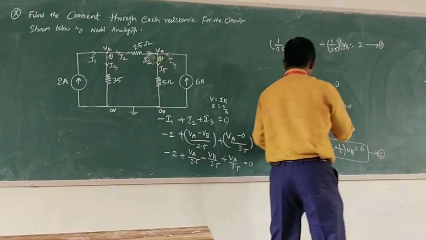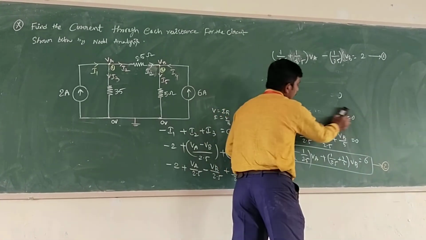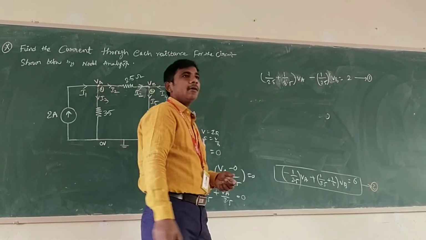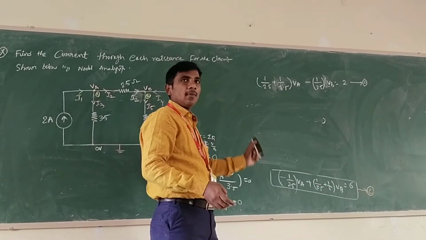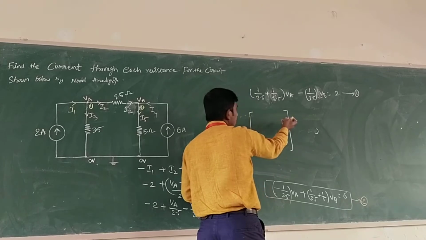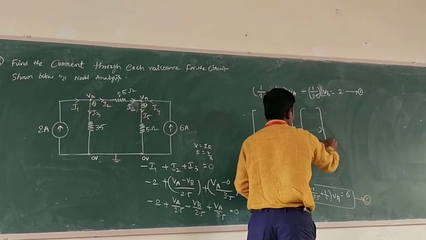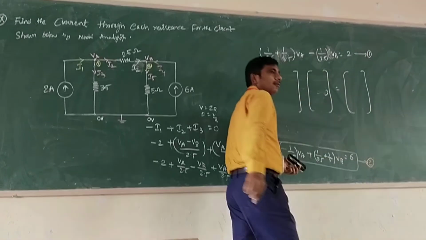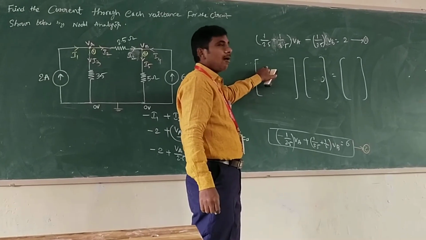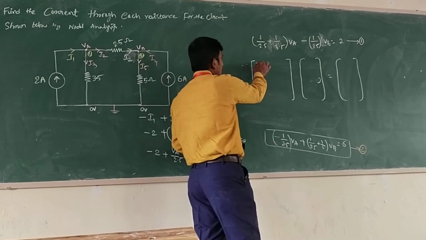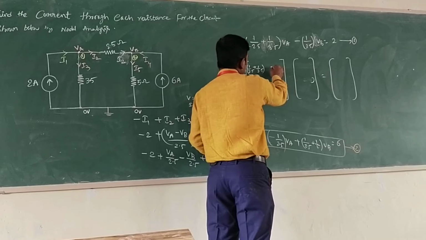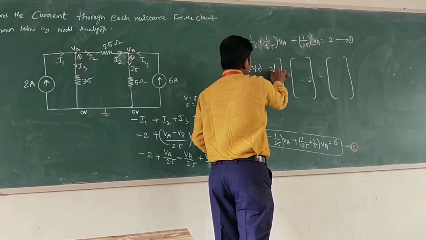I am erasing this. The equations are this one and this one, equations 1 and 2. Now we are writing the matrix of the coefficients of VA and VB, and the constants. For VA, the coefficient is 1 by 2.5 plus 1 by 3.5, and for VB it is minus 1 by 2.5.